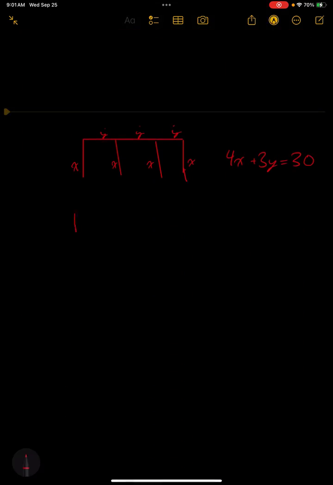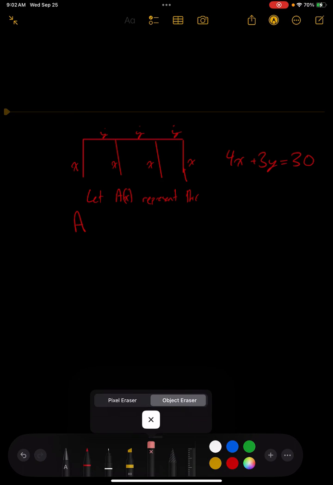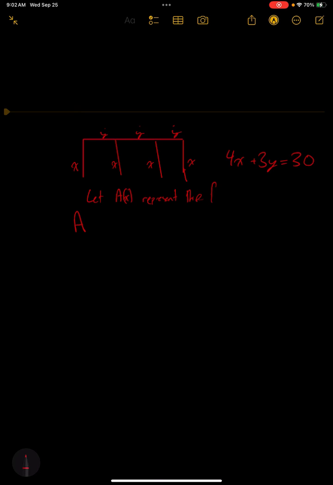And now I have to say that I'm going to have an area. So let A of x represent the fenced area for length x.